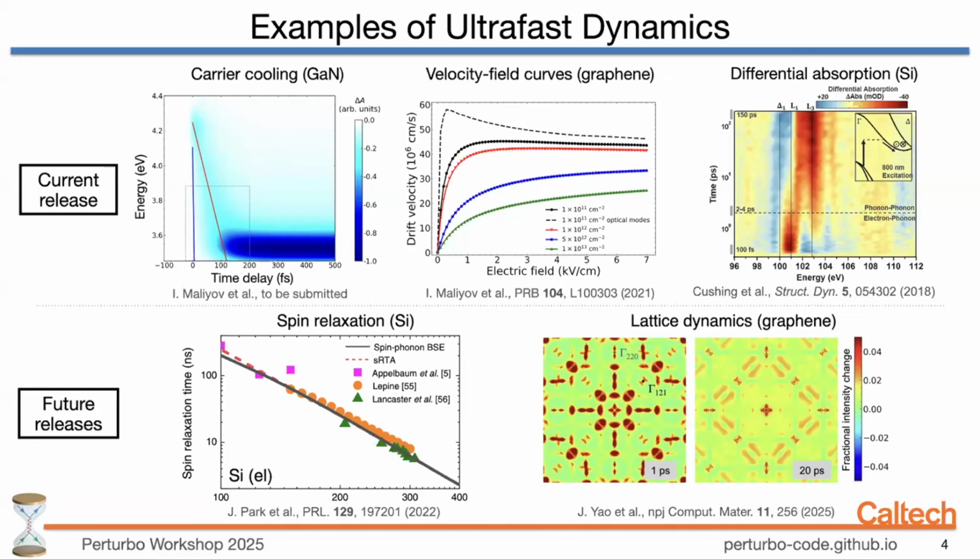For future releases, we hope to incorporate more effects, for example, exciton-phonon interactions for non-equilibrium dynamics, of course, and then perhaps spin relaxation. What's currently under development is the lattice dynamics, which captures the effects of phonon-phonon interactions.